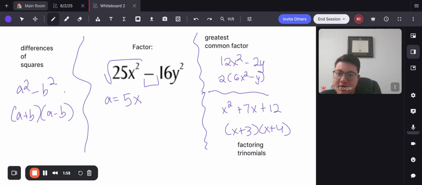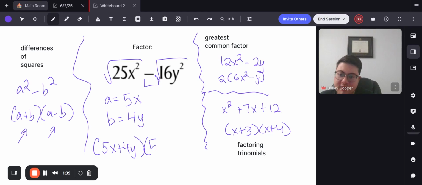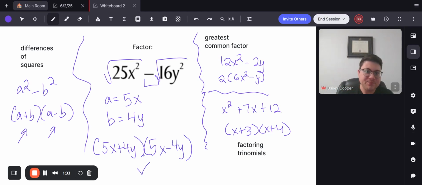And then for our b value, we're going to have to take the square root of our entire second term here. So the square root of 16 is 4. Square root of y squared is y. And then we can just plug our a's and b's into this formula. So we get 5x plus 4y times 5x minus 4y. As easy as that, and this is now factored.